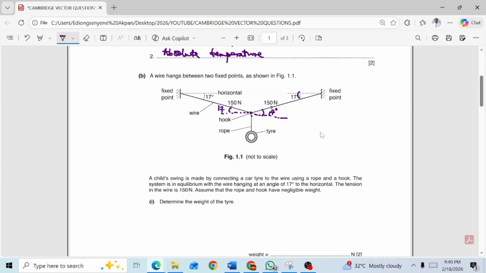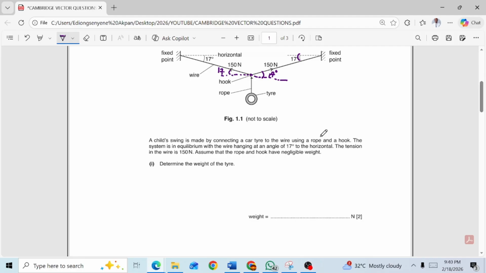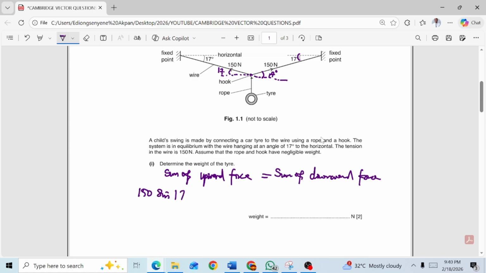Remember, we said the sum of upward force equals the sum of downward force. For us to find the weight of the tire, write sum of upward force equals sum of downward force. For the sum of upward force, that will be 150 sine 17 for the first side, plus 150 sine 17, equal to the downward force, which is the weight.